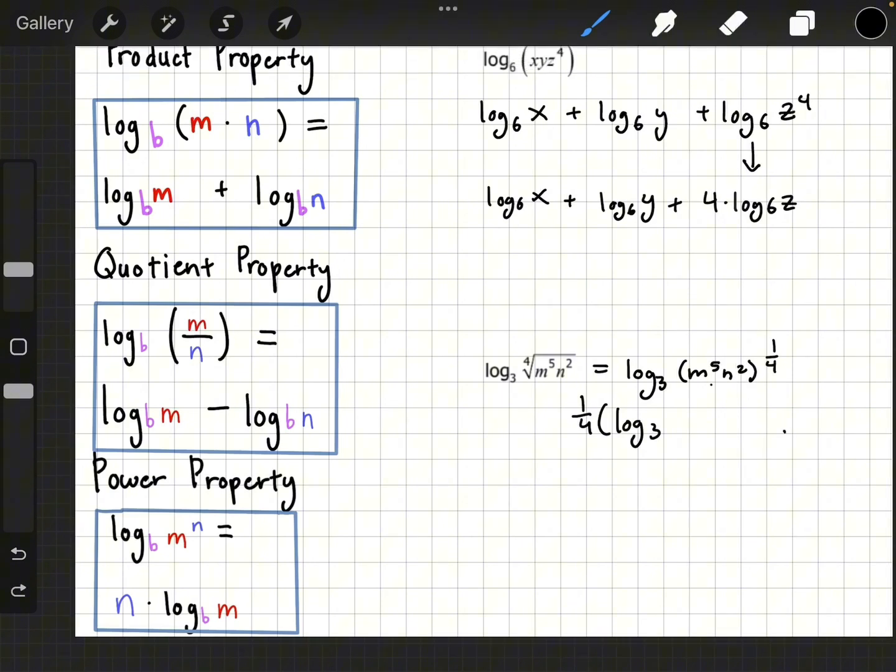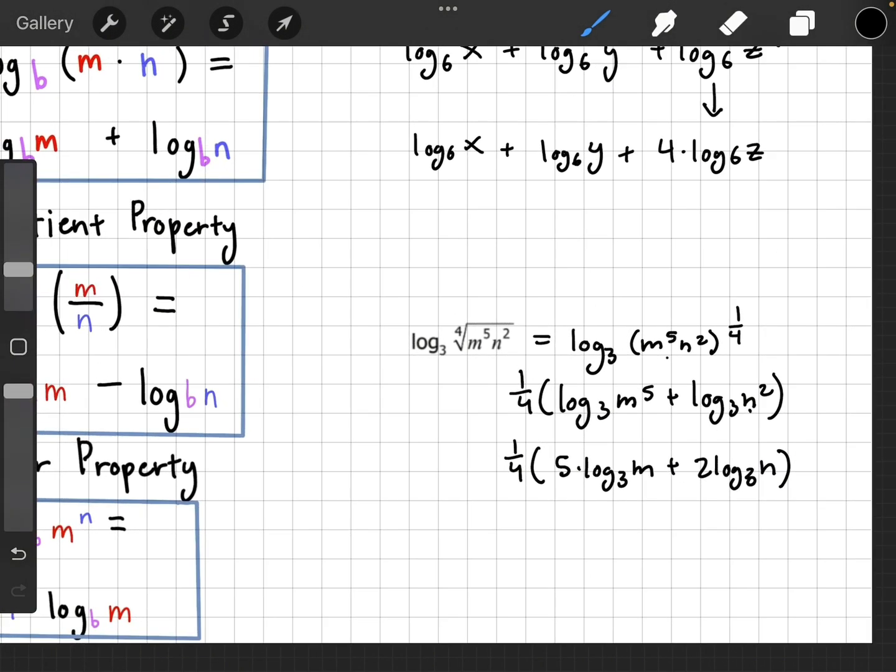And then we can use the product property to split this up into addition: log base 3 of m to the power of 5 plus log base 3 of n squared. We can use the power property again. So 5 times log base 3 of m plus 2 times log base 3 of n. We can distribute this 1/4. So we have 5/4 log base 3 of m plus 1/2 log base 3 of n.